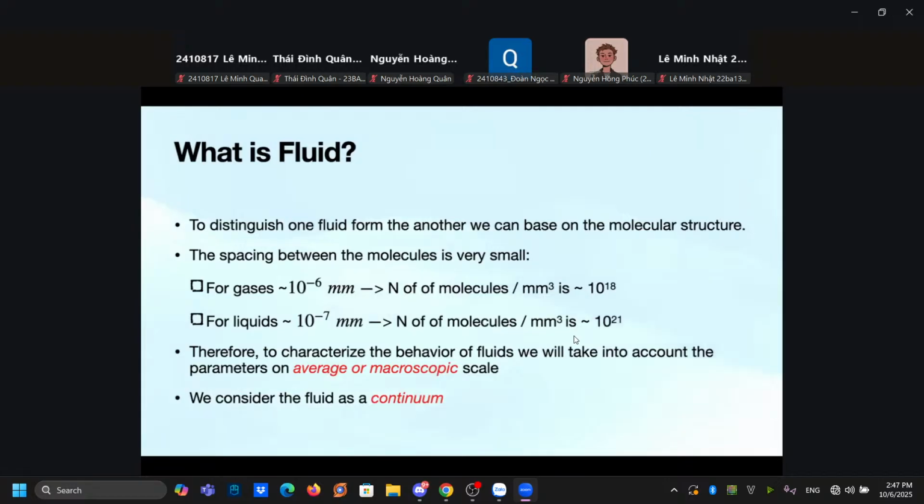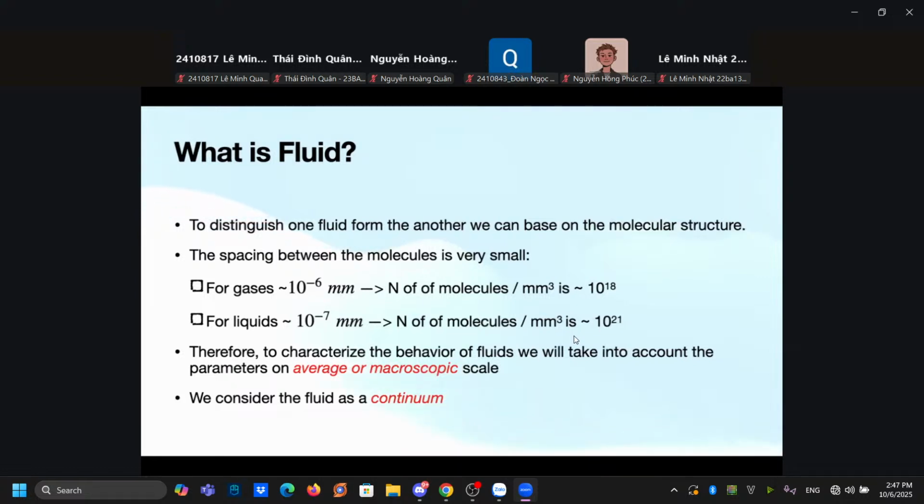For liquids, the spacing is 10 to the power minus 7 millimeter, and the number of molecules is about 10 to the power 21 per cubic millimeter. So we can see that it is a very big number.